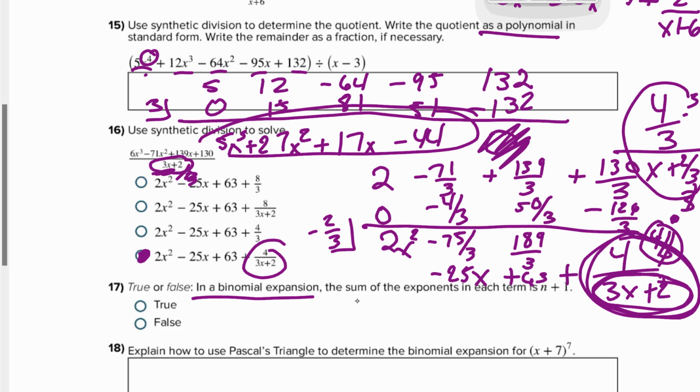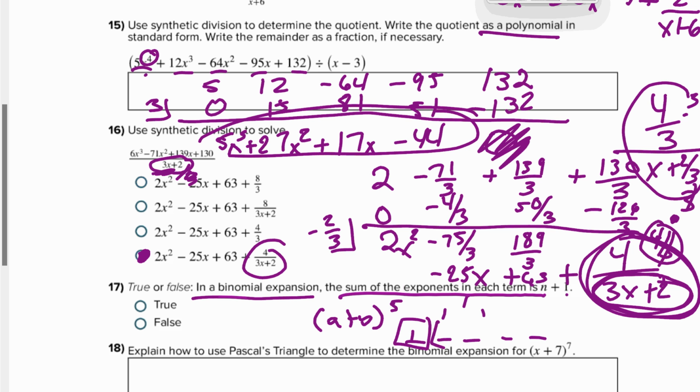Okay, in a binomial expansion, the sum of the exponents in each term is n plus 1, right? And that is false. What that's saying is, whatever I take, say, a plus b to the 5th, when I go through and do my binomial expansion, when I get to my coefficients down here, what do each of these exponents always add up to?